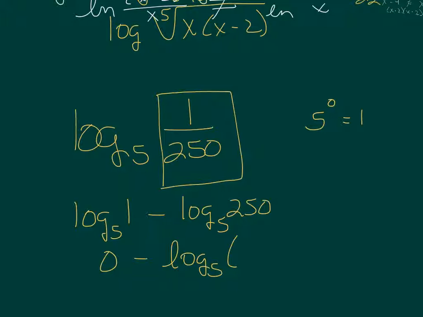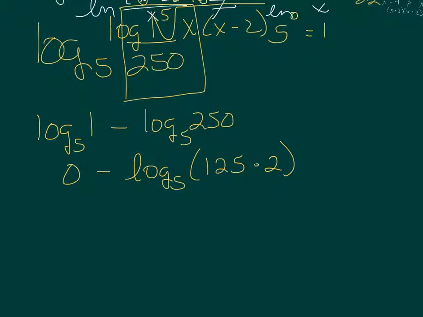Now here, I'm going to rewrite 250, because we're not finished, because I think we're going to be able to get something with the base of 5. So we do 125 times 2, 5 to the third times 2. That becomes minus the log base 5 of 5 to the third plus log base 5 of 2.